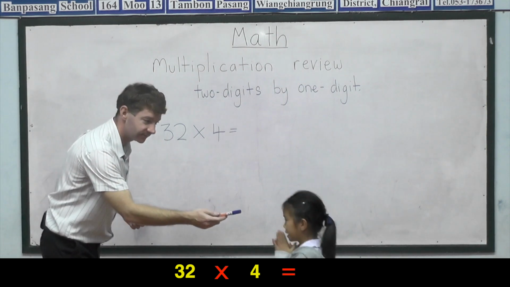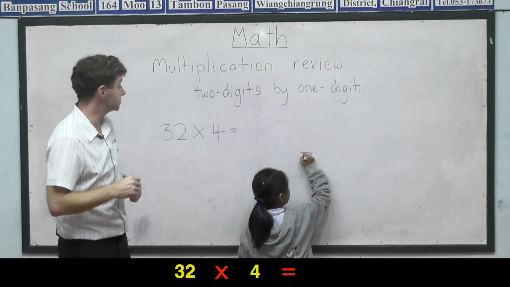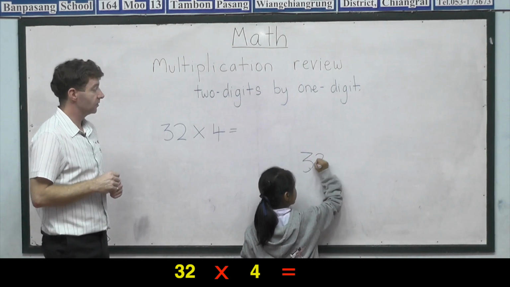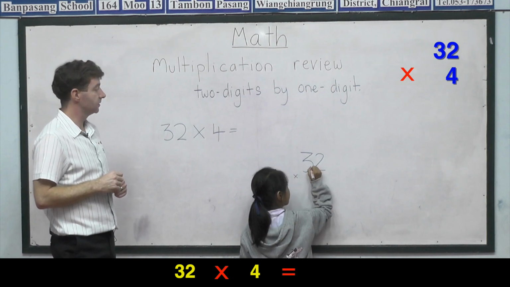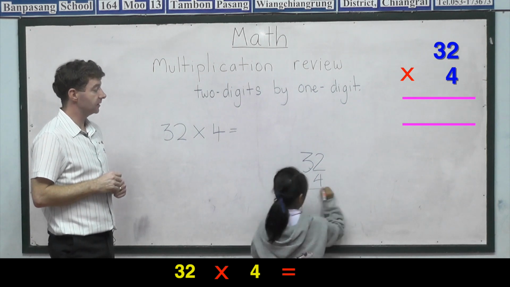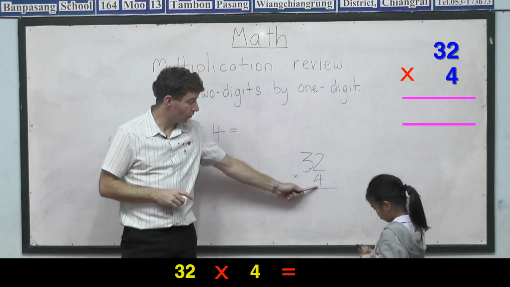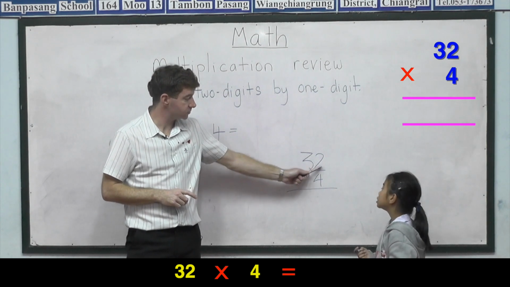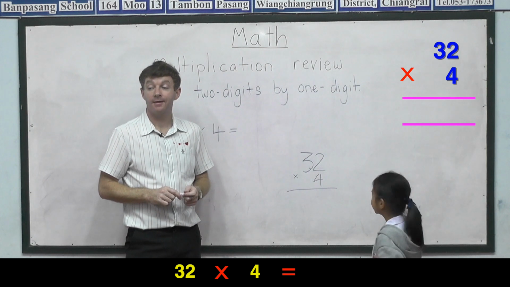Over to you. Okay, so first of all, we need to do our multiplication table. 32 times 4. So what's the first step we do, guys? 4 times 2 equals 8.